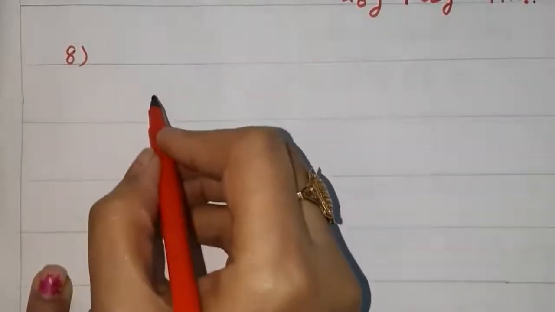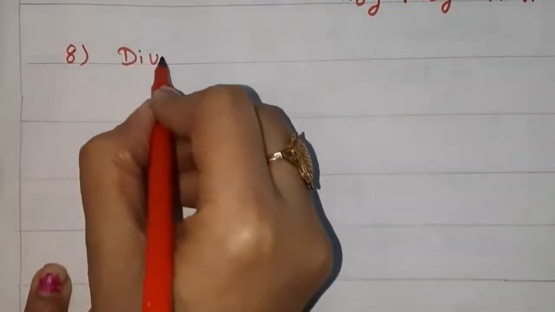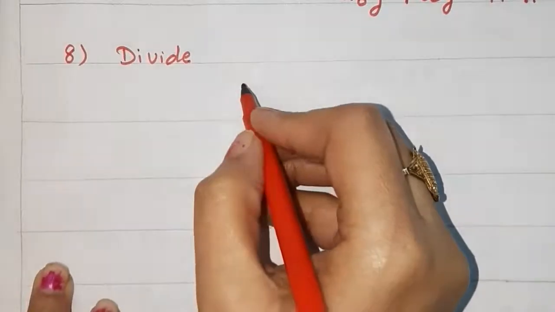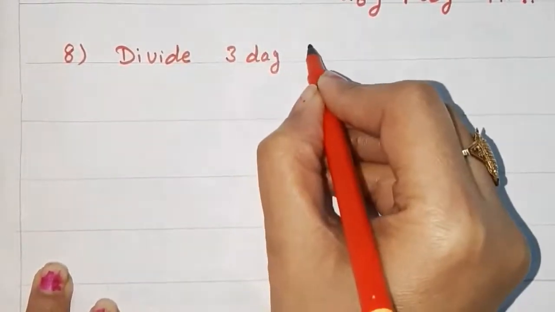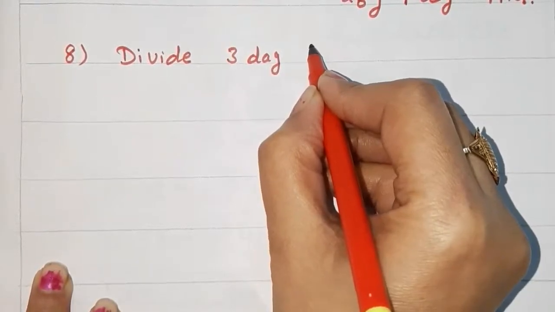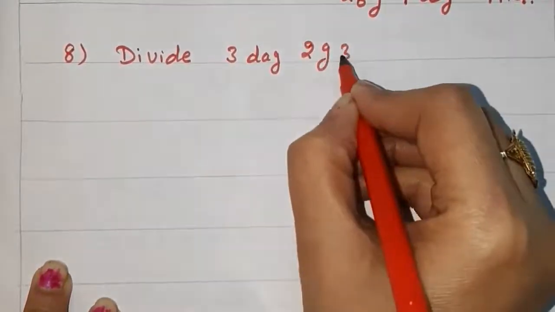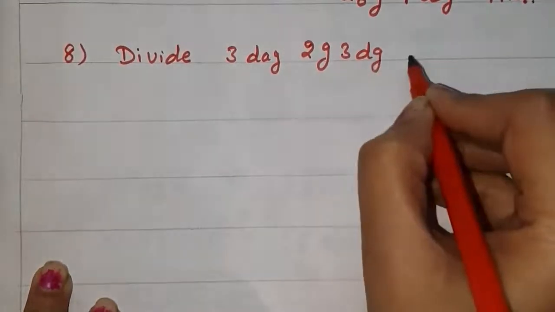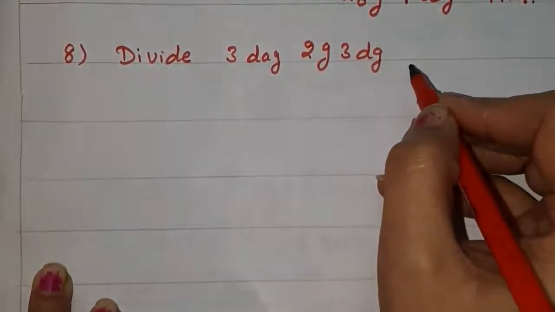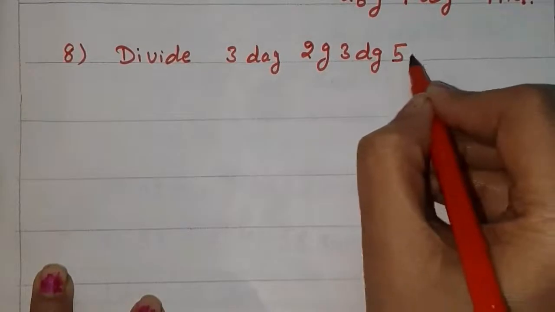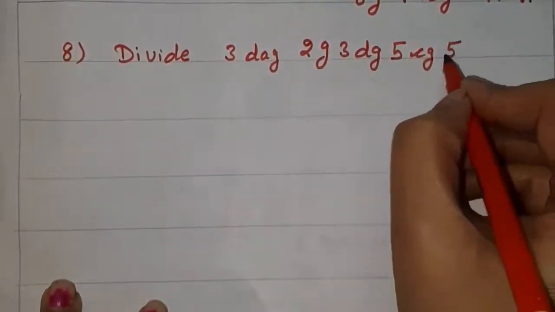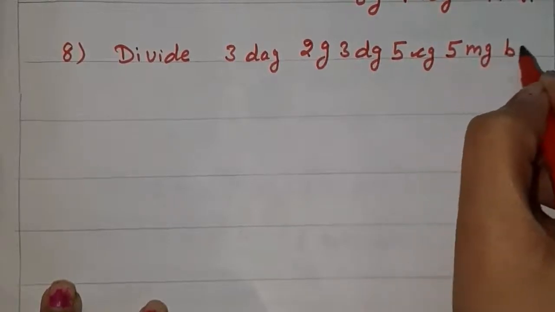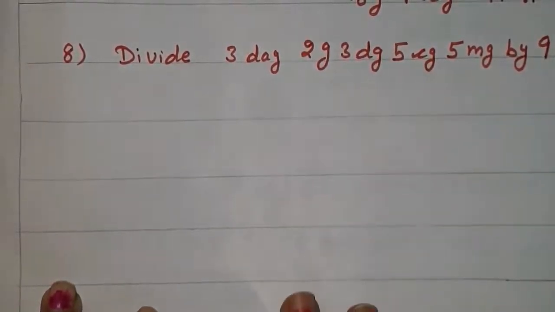Next question, question number 8. Divide 3 decagram 2 gram 3 decigram 5 centigram and 5 milligram by 9.